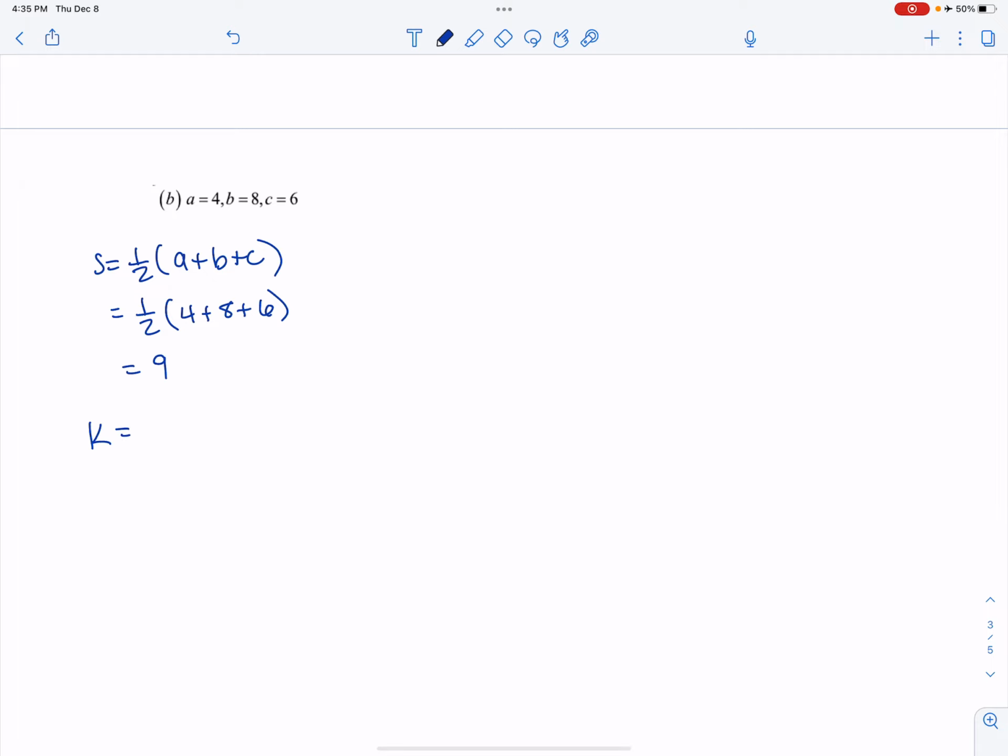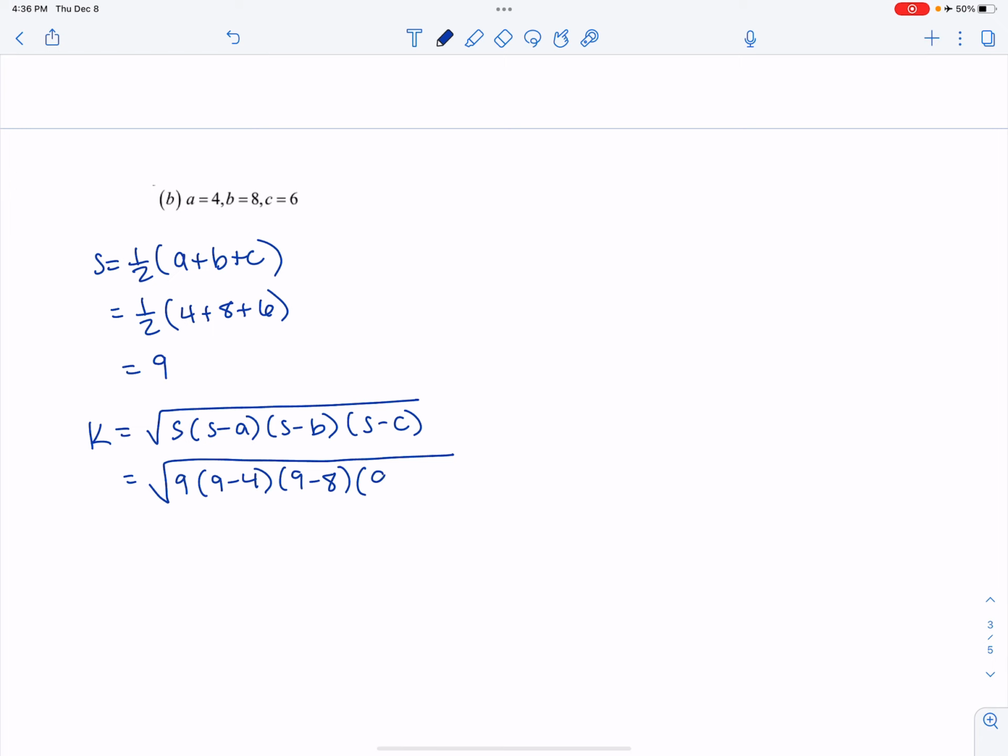Our area is the square root of S times S minus A, S minus B, S minus C. So we have the square root of 9 times 9 minus 4 times 9 minus 8 times 9 minus 6. That's going to give us approximately 11.62.